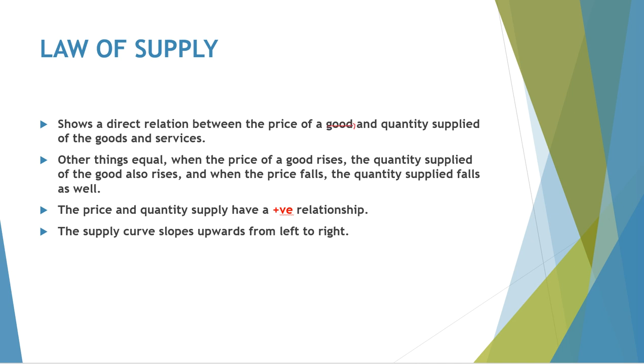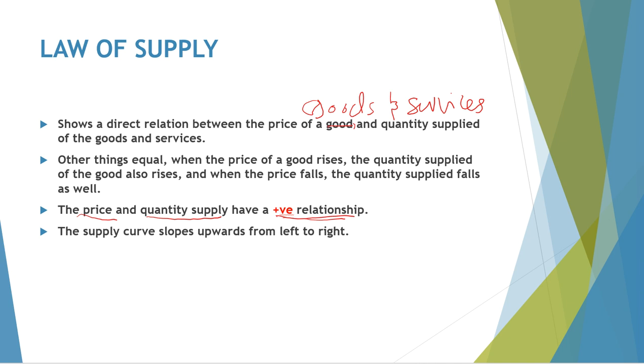When other things are equal, if the price of the good rises, the quantity supplied of the good also rises. And when the price falls, the quantity supplied falls as well. So with that in mind, we know that price and quantity supplied have a positive relationship.